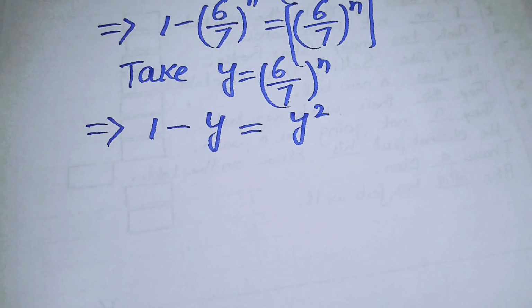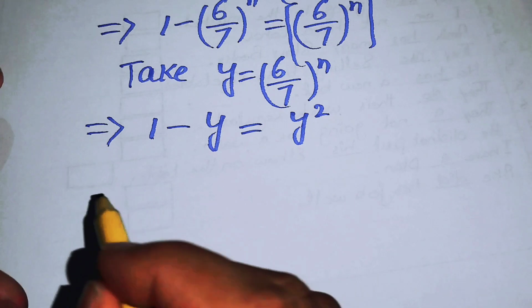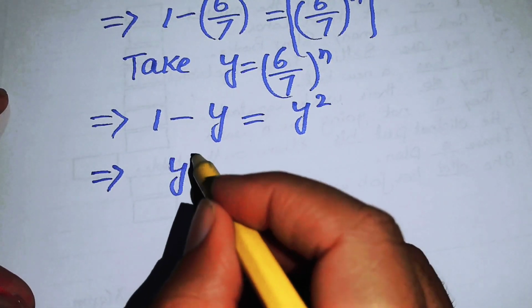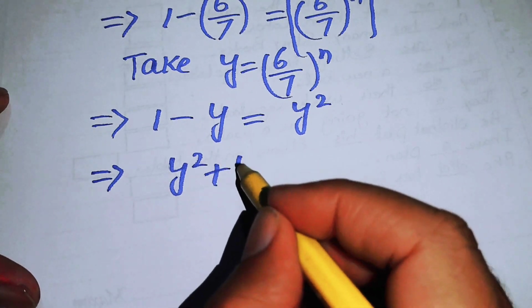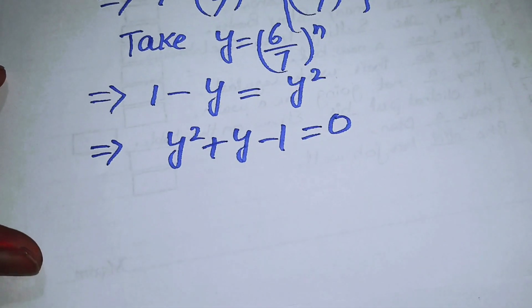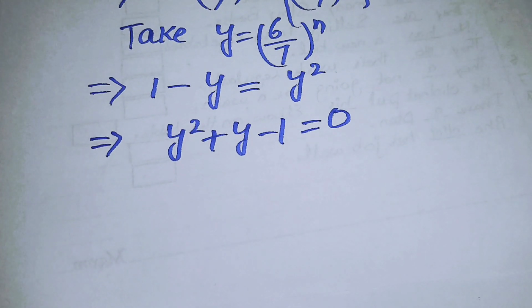In the next step we will move all the terms from the left hand side to the right hand side, so that it becomes standard form, and we write it as y squared plus y minus 1 equals 0. So this becomes a quadratic equation in the standard form.